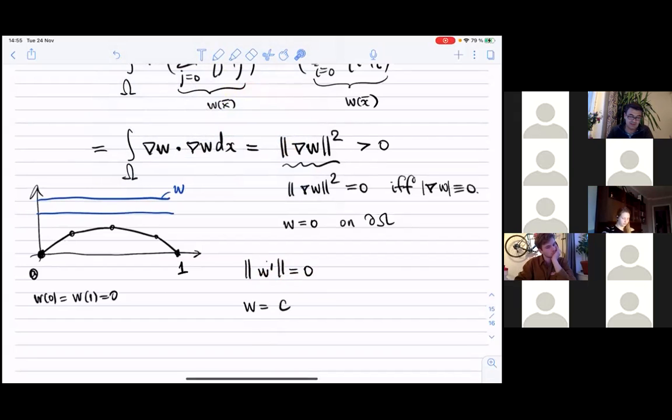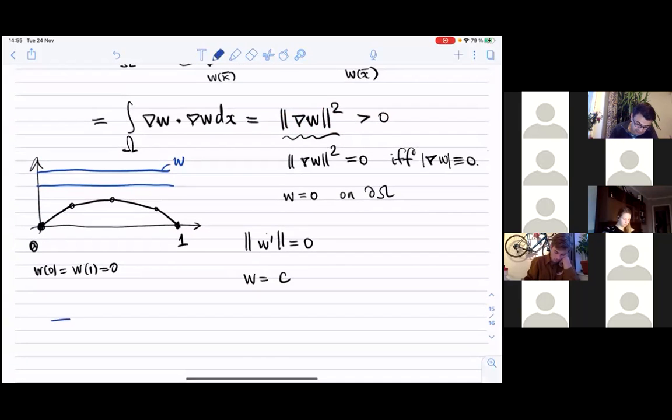So that means that if we don't have any boundary condition, or the Neumann boundary condition that we had last time, it is not necessarily strictly positive. There will be many constant functions for which this is equal to 0.